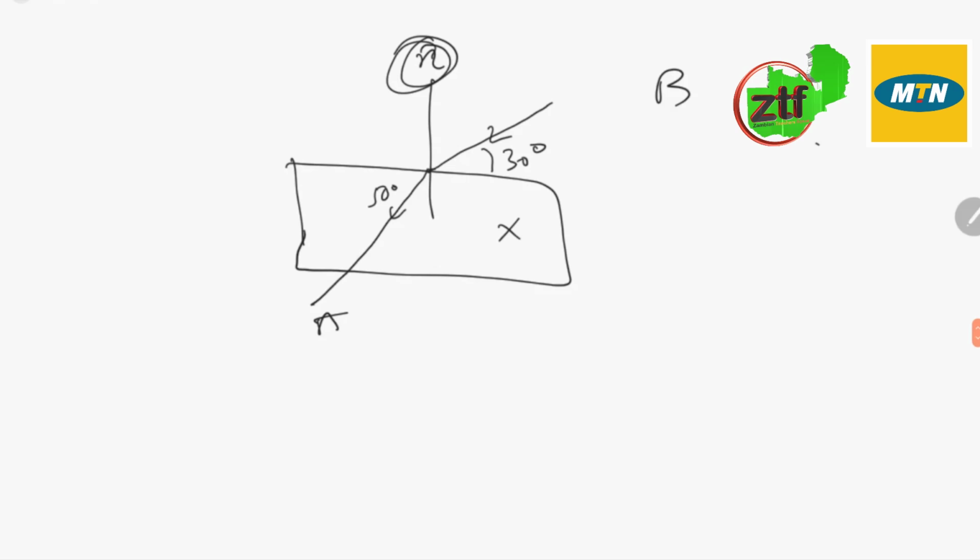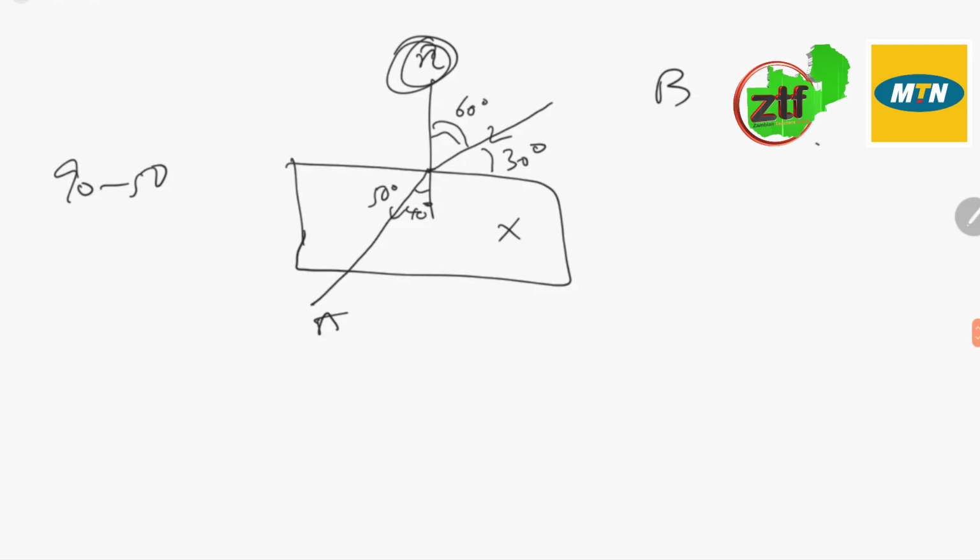In this particular case now, we see that the angle of refraction becomes 90 minus 50, which means 40 degrees. Okay? And then now we have this angle which becomes 60 degrees as now our angle of incidence.